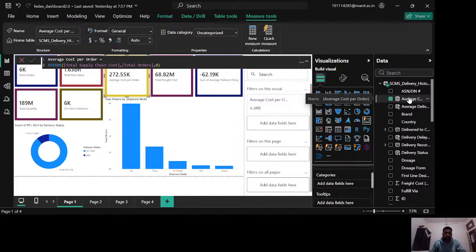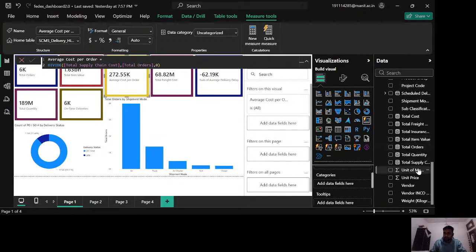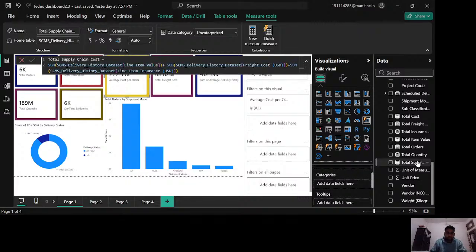So the average cost per order is basically the division of this total supply chain cost, that is the total cost measure, by the total number of orders. Here we can see that the total supply chain cost is similar to what we have created as total cost.